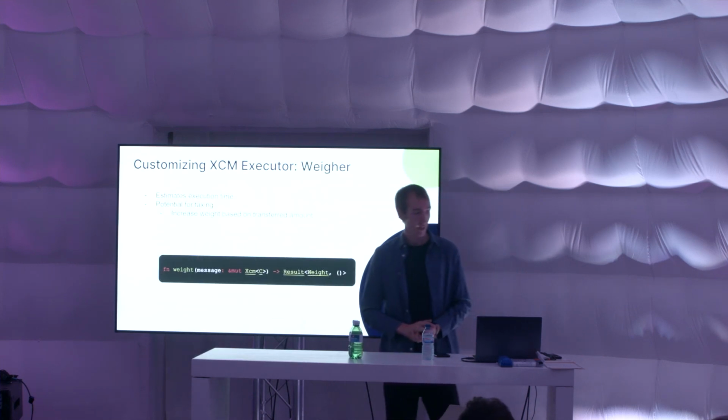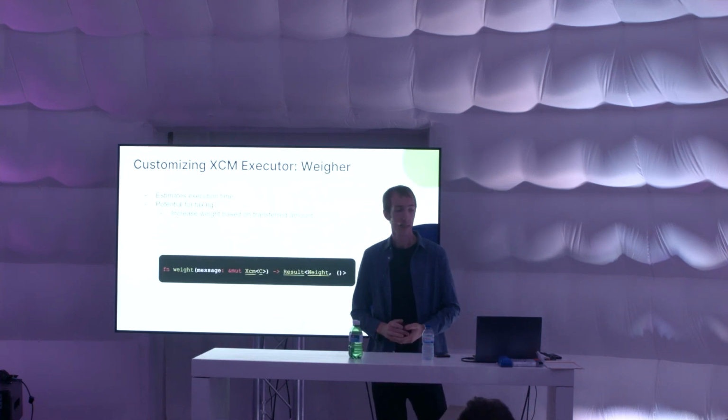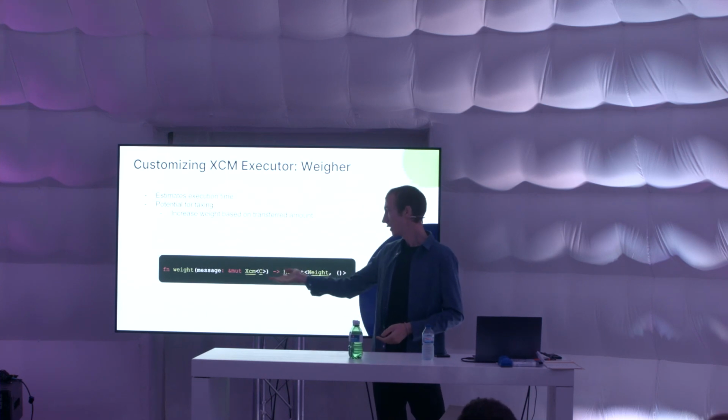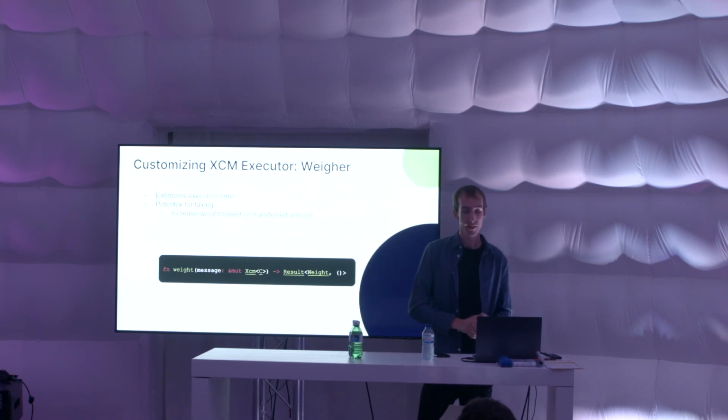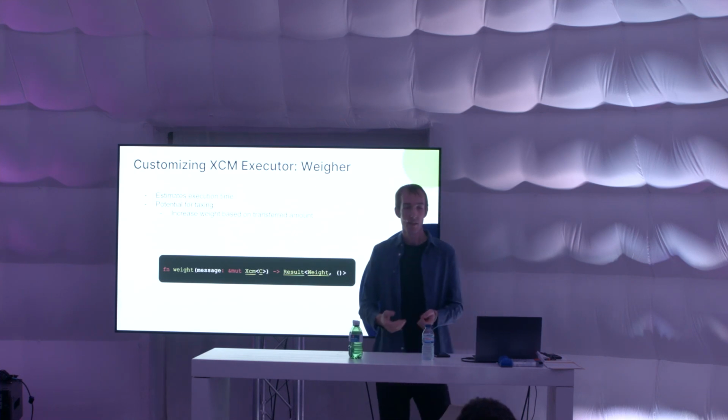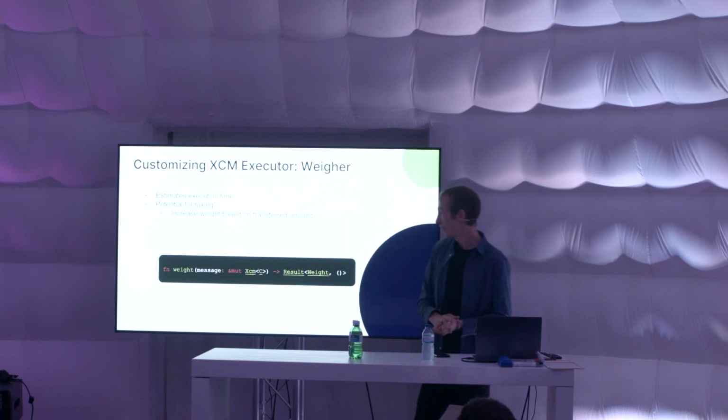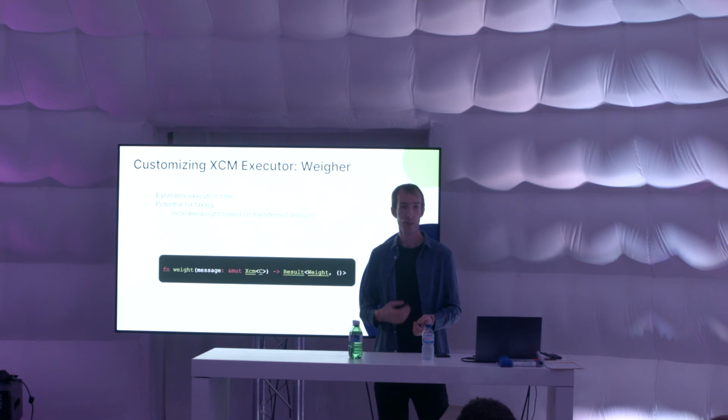So the next way that we can customize is using the weighter, which, given a message, is returning the weight. So the idea here is to inspect the message and to make the weight scale with the amount being sent. The problem there is that typically only a single asset is being used to pay for fees.